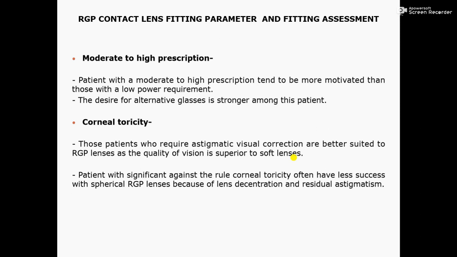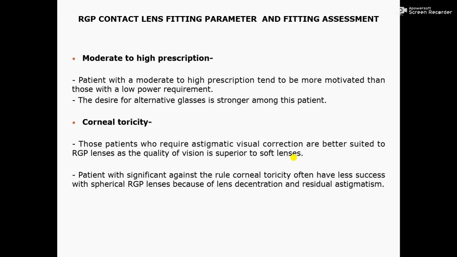Patients with significant against-the-rule corneal toricity often have less success with spherical RGP contact lens because of lens decentration and residual astigmatism. Here, those patients have cylinder power. For them, RGP contact lens is better compared to soft contact lens.